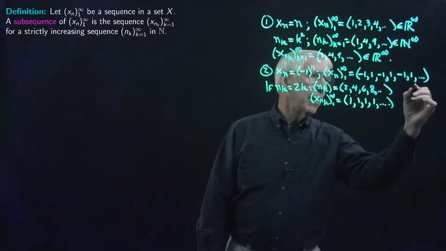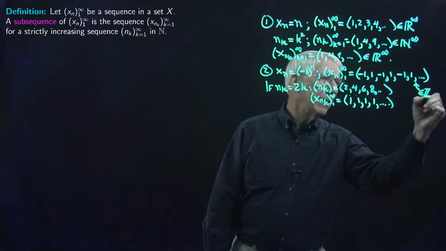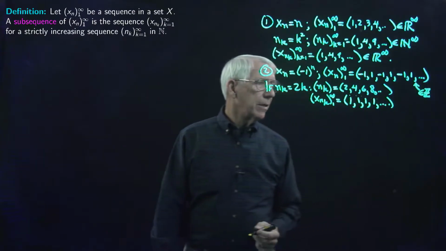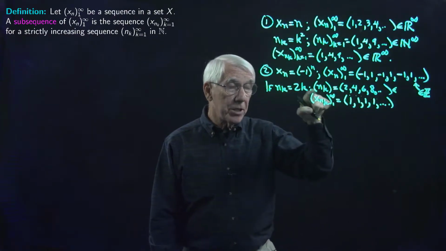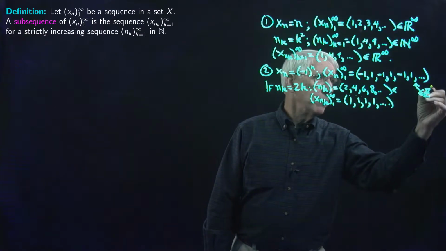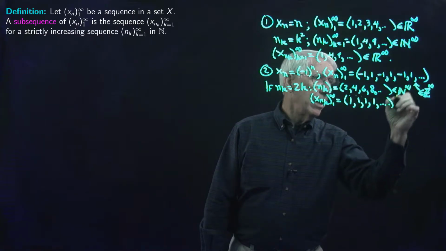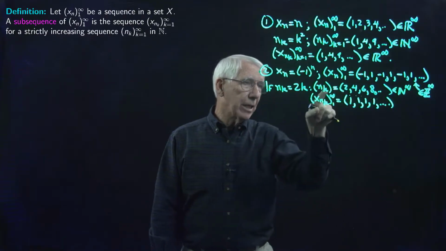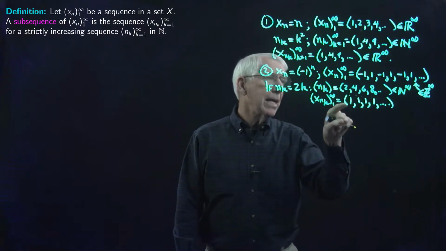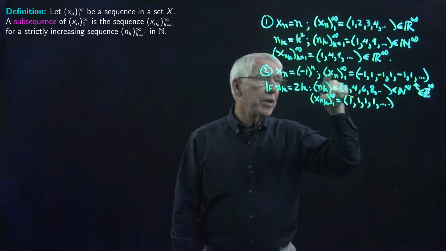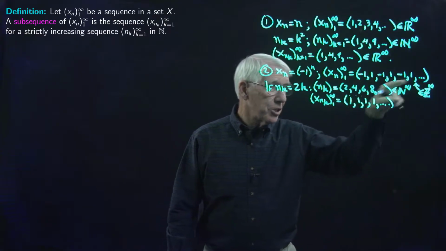Let's point out that while it is in R, it's actually in the set of integers. And of course, n sub k is again a sequence of natural numbers, so this should be N infinity here, just like before. And x sub n sub k is a sequence in the space where the original sequence lives, because its terms are some of the terms of the original sequence.